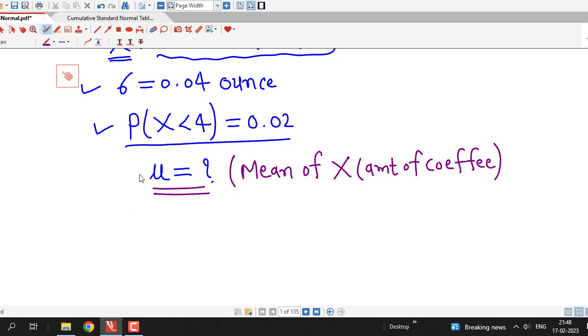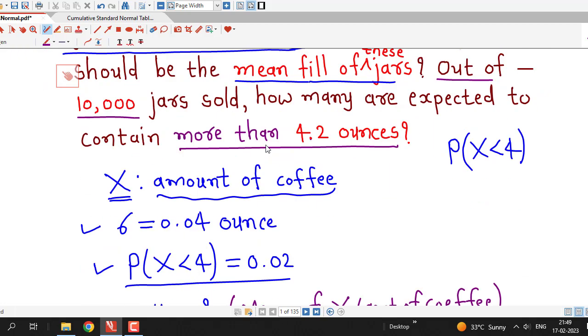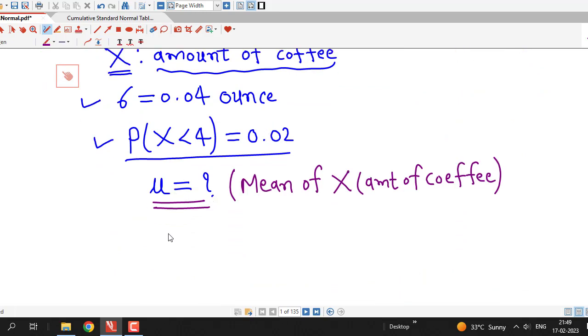After deciding that average fill of jars, we have to find out that if 10,000 jars are sold, how many are expected to contain more than 4.2 ounces. That we will discuss after finding this value of mean fill of jars. So this is easy to find out.